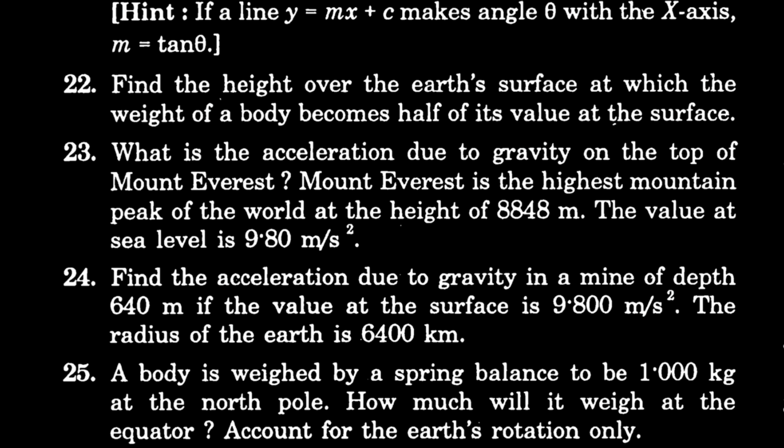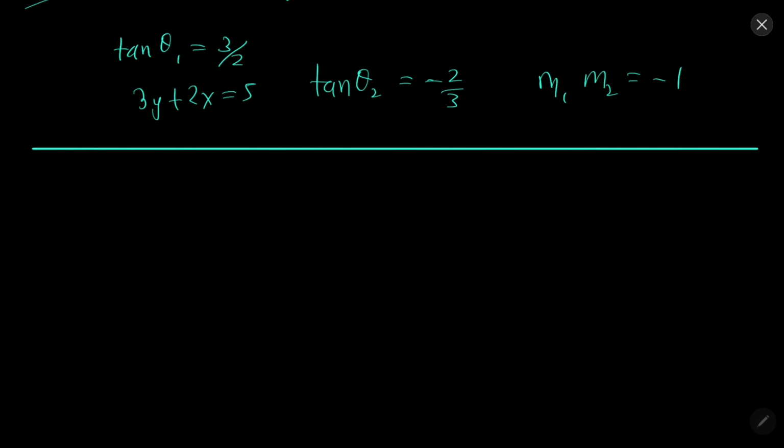In question 22, we need to find the height over the Earth's surface at which the weight of a body becomes half of its value on the surface. Solution 22. So we know that the force of gravity, the weight, is given by mg, and it can also be written like GM over r square.